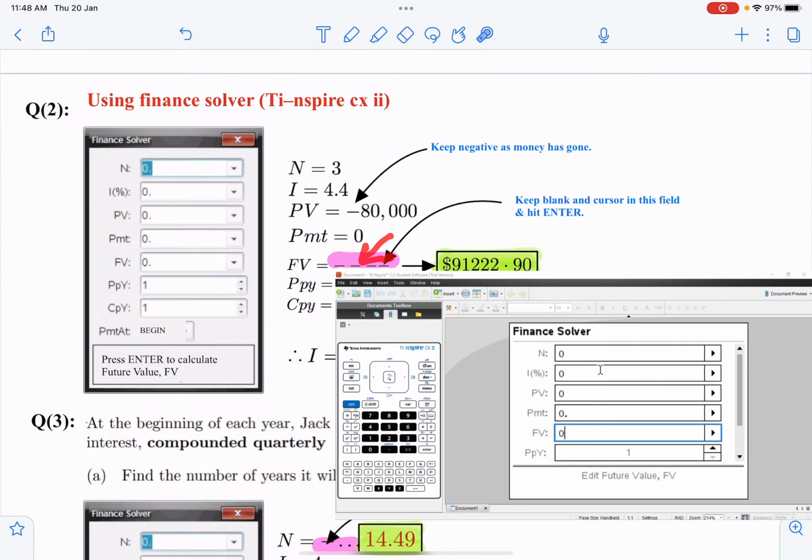So look at the way I have done it. Yeah, I am putting 3 there. Then I, 4.4. PV will be minus 80,000.